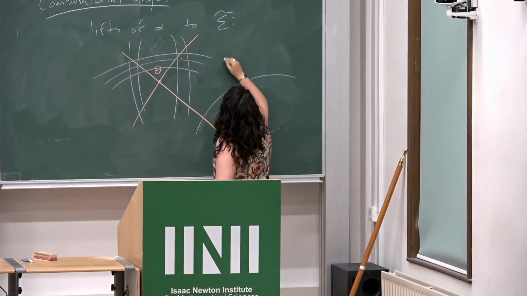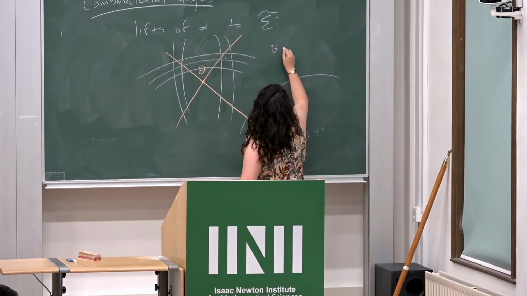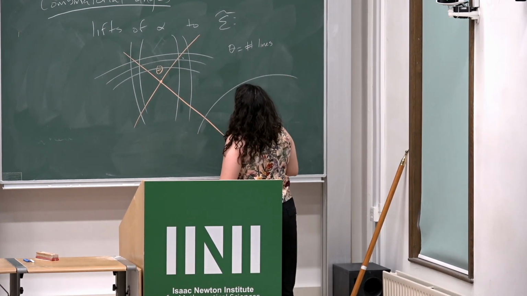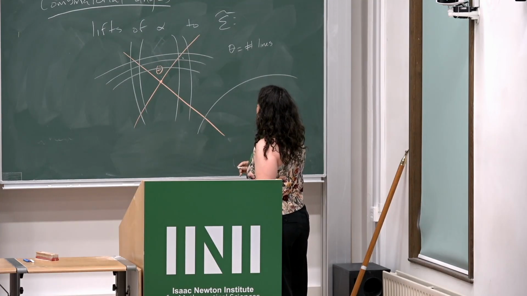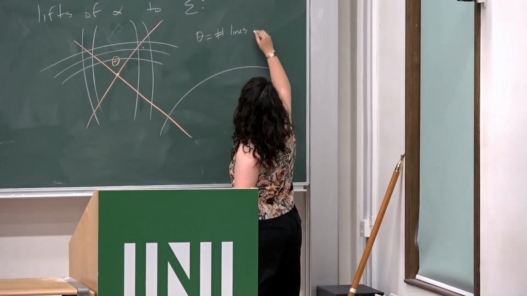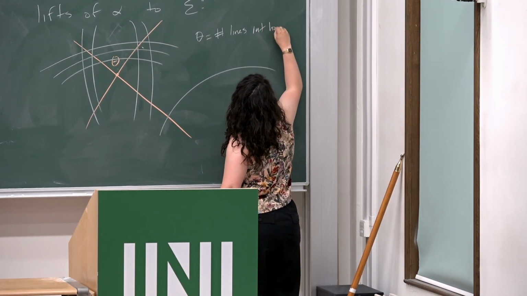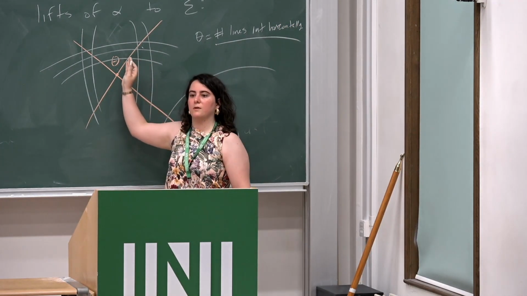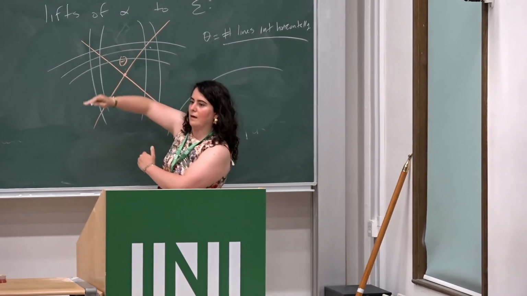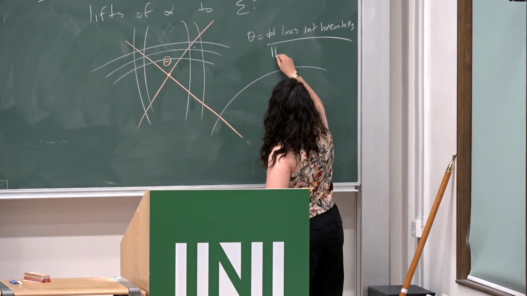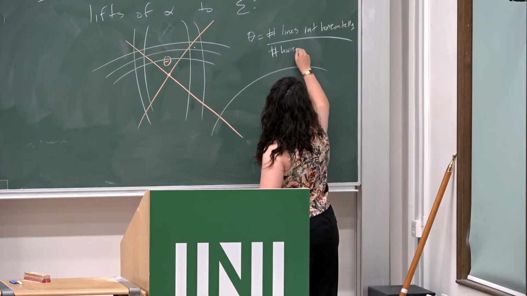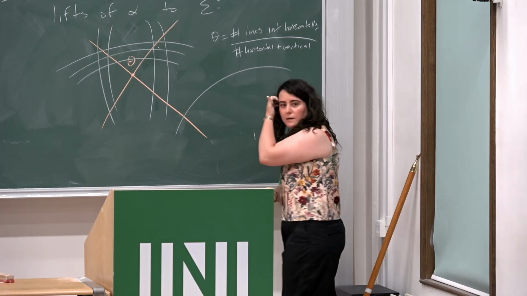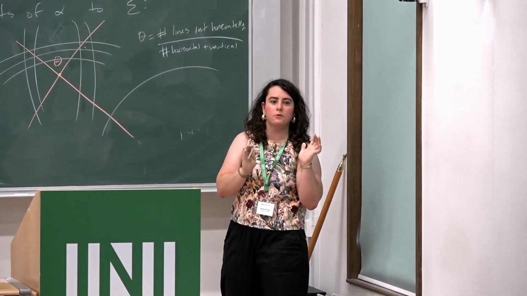So the combinatorial angle at this point is going to be the number of lines that intersect horizontally, divided by the total number of lines that intersect both horizontally and vertically. That's going to be our definition of angles here.